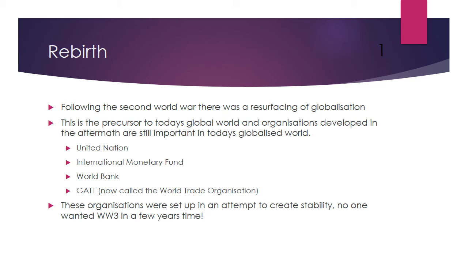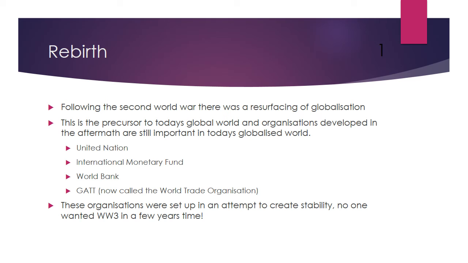So after the Second World War then, there was a sort of resurfacing of globalization. So it was a slightly different response to the Second World War at the end of it. And basically what happened is that lots of the different countries involved got together and they started to communicate, and they basically created some of the organizations which you may recognize, or should recognize in today's globalized world.